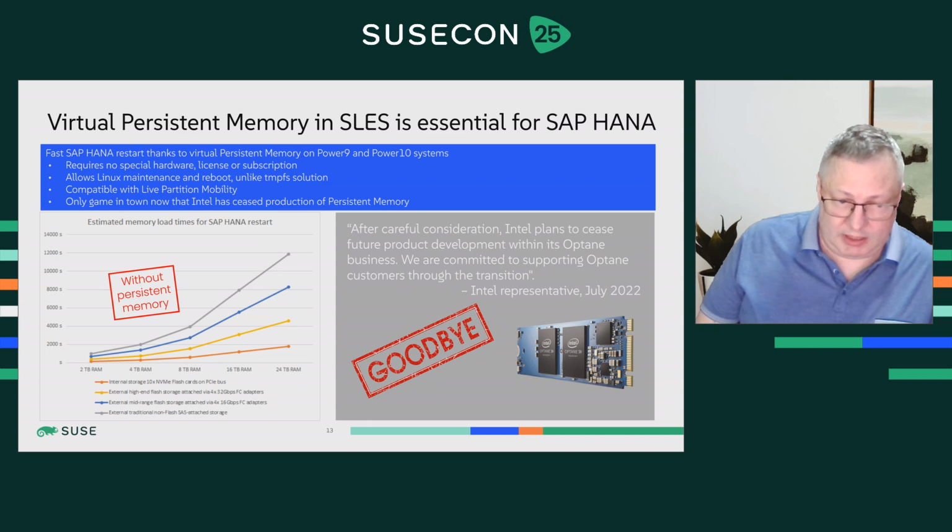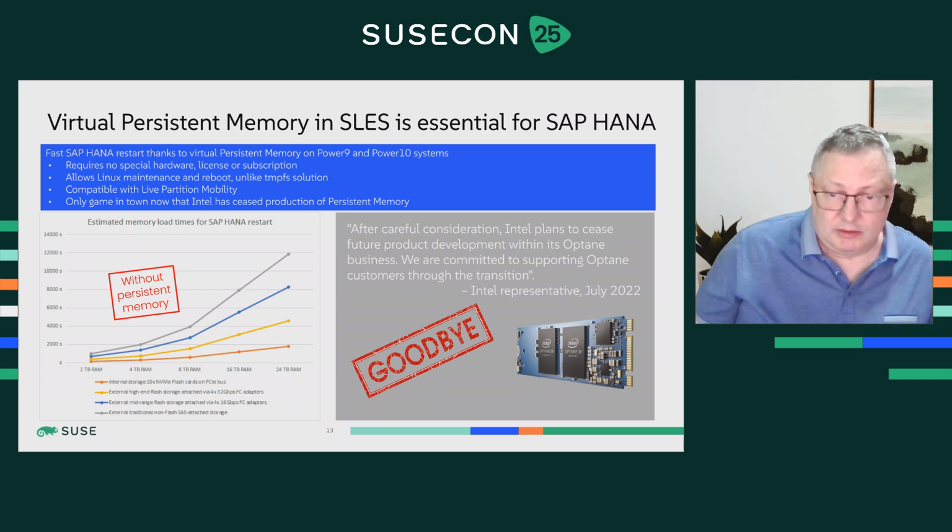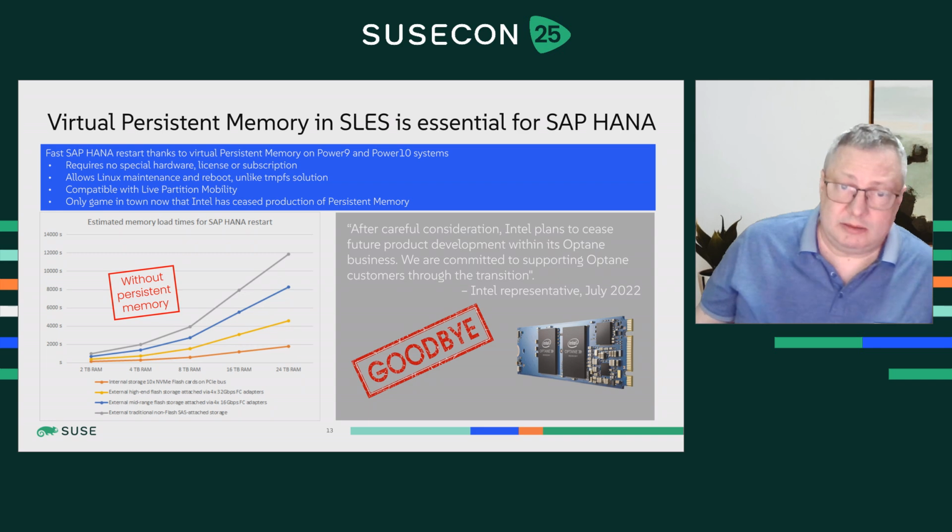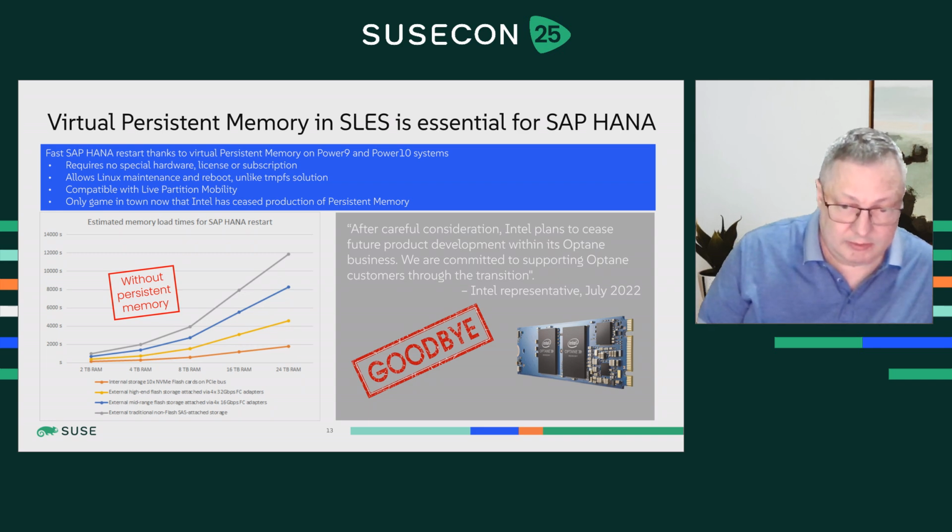And it's only available on Power. I mean, Intel used to have persistent memory in previous generation of Intel Xeon scalable processors, but they don't do it at the moment. And so Power is the only game in town for SAP HANA persistent memory. So very interesting capability here.